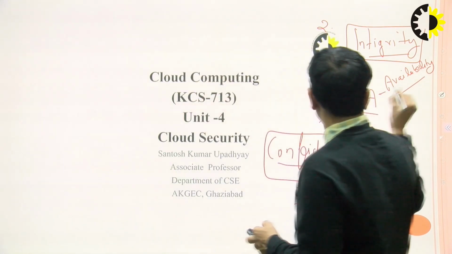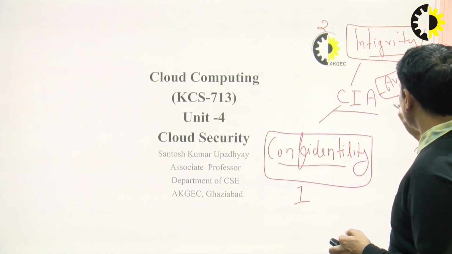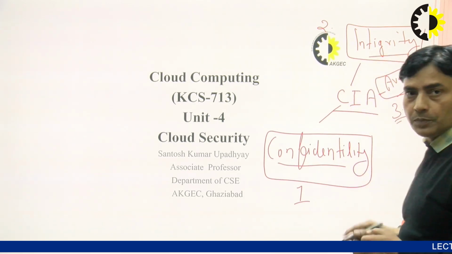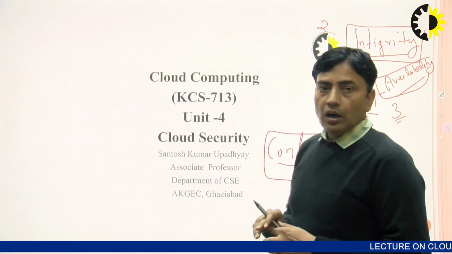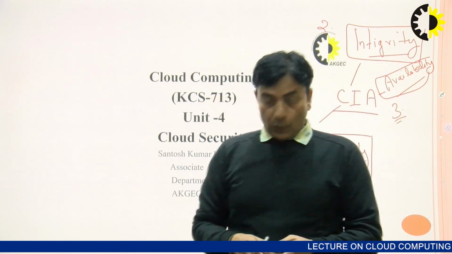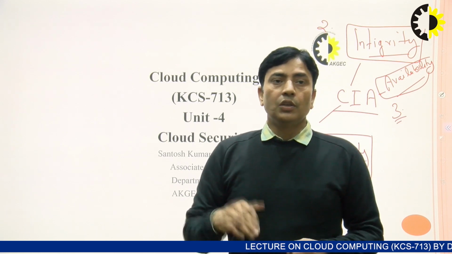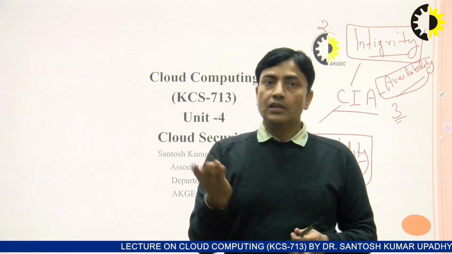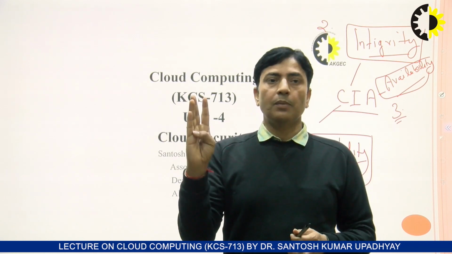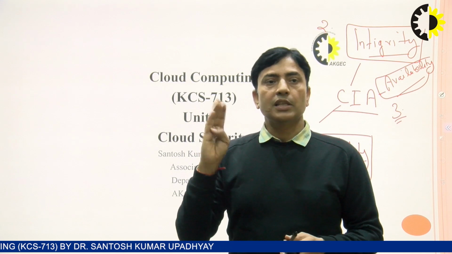The third one, which is very important, is availability. This is the third aspect of security. Availability means that whenever you want to use resources, they should be readily available to you. Those resources may be hardware like CPU, modem, or network facilities, or software, or operating systems, whatever you want to use from the cloud.